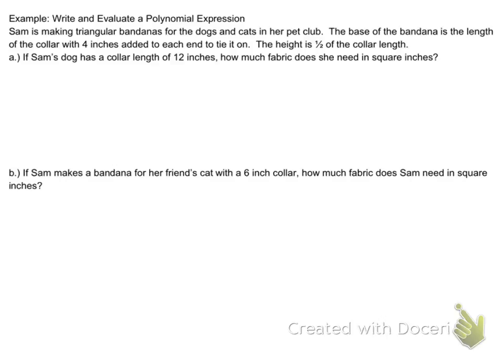Do you want to sit there and with every collar length figure out adding 4 inches to both sides, taking half of it, and then multiply? Or do you want to create an equation that you can figure this out? What are we actually finding here? Square inches. What is that? The length, the width.